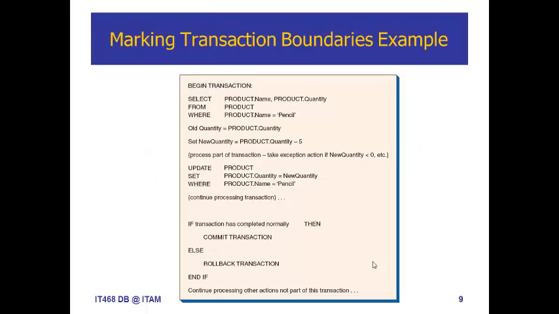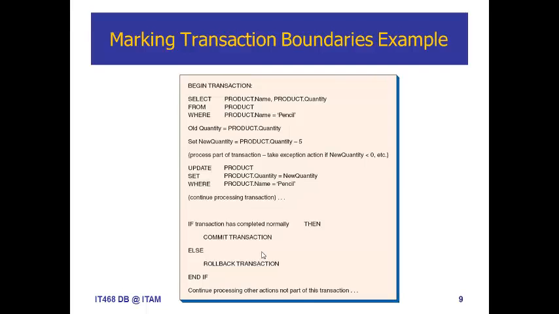To give you an example quickly, to mark the transaction boundary you can use keywords. Here we're using generic SQL code that can be applied to different DBMS platforms. If you mark the boundary using begin, end, commit, etc. keywords, then the DBMS knows where and when to issue or release the locks as needed.